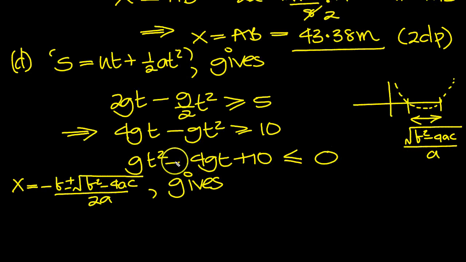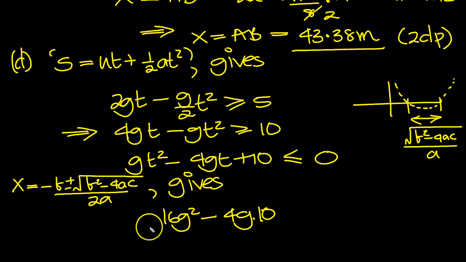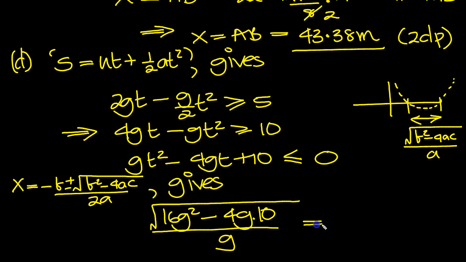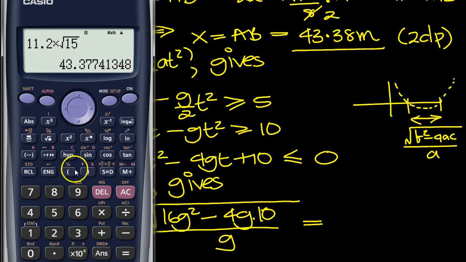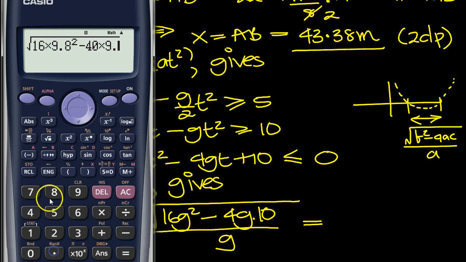So b squared is 16g squared, minus 4 times a, g, times 10, square rooted, over a, which is g, which equals the square root of 16g squared minus 40g, isn't it? 40 times 9.8.